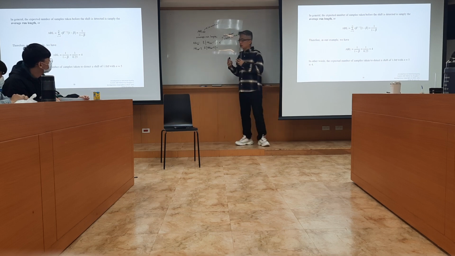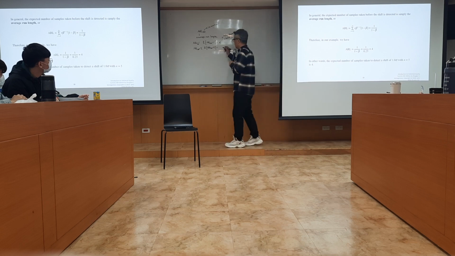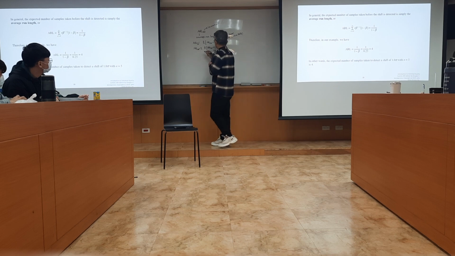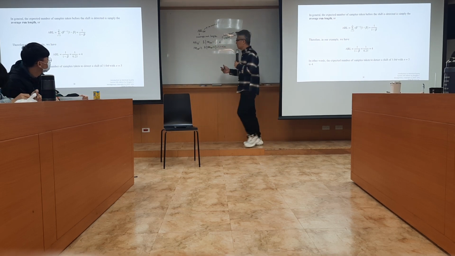If the first point gives no signal, the probability is 1 minus alpha. For the second, there's a signal, out of control.